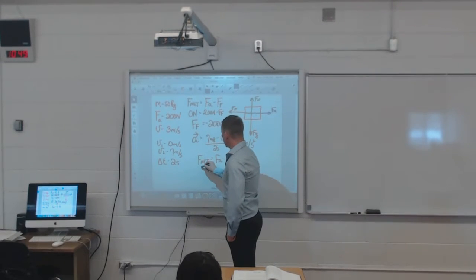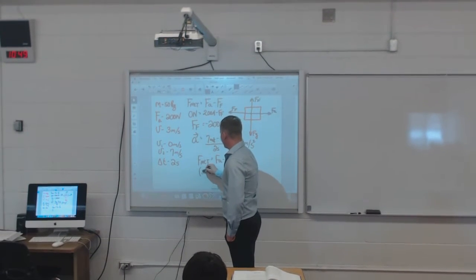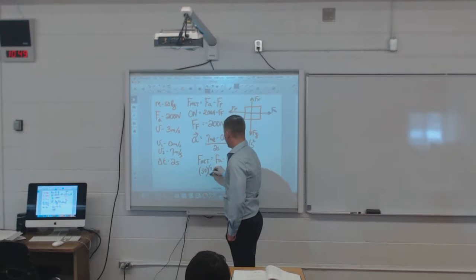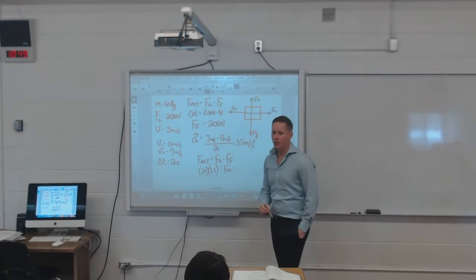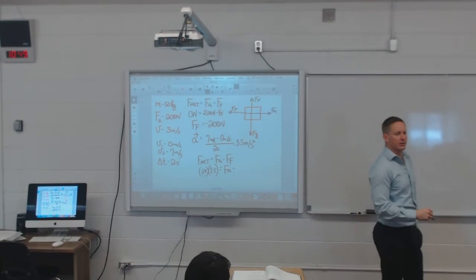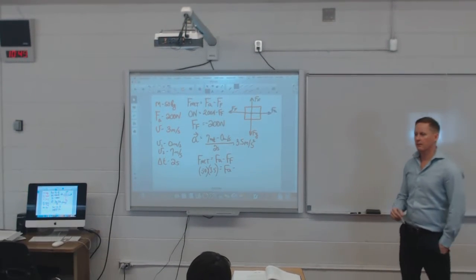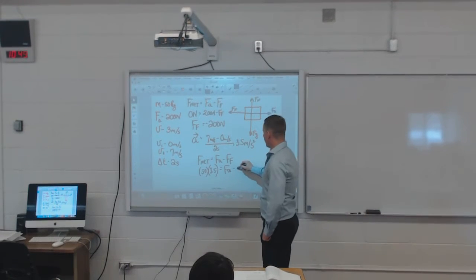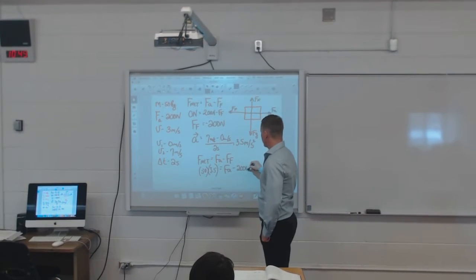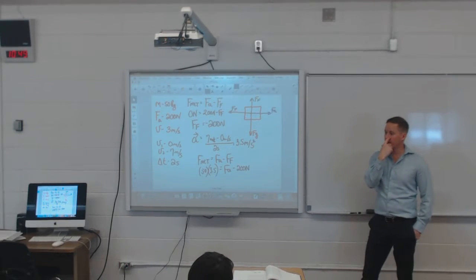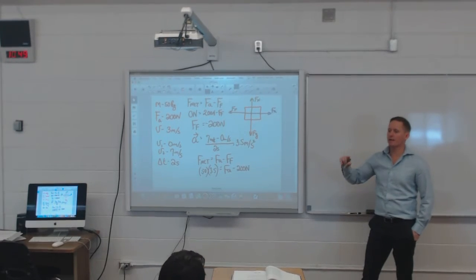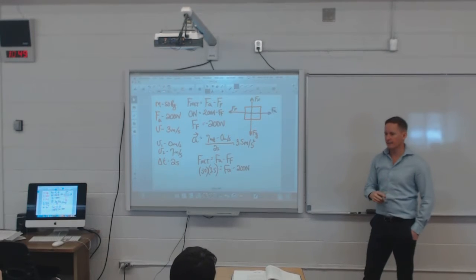Net force is mass times acceleration. So I've got 50 times 3.5 equals my applied force, which I'm looking for. What did I calculate as the force of friction on the sidewalk? I'm just going to write it as 200 newtons. I'm not putting the negative in there because I have to keep it subtracting from the applied, because it's working against it.